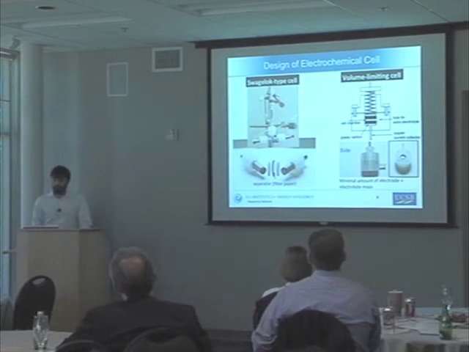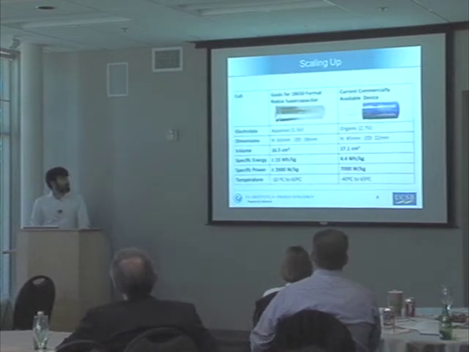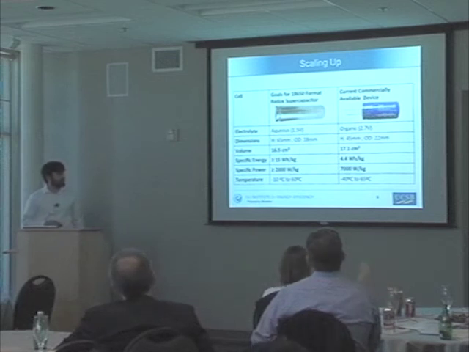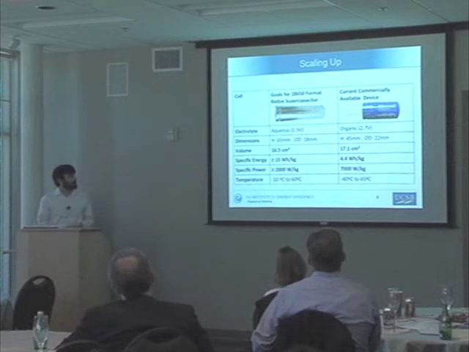We'd like to make a device in an 18650 format. This is a good choice because it's an industry standard, and it has a similar volume to a very popular commercial supercapacitor, so we can make pretty direct comparisons between our electrolyte and commercially available technology.